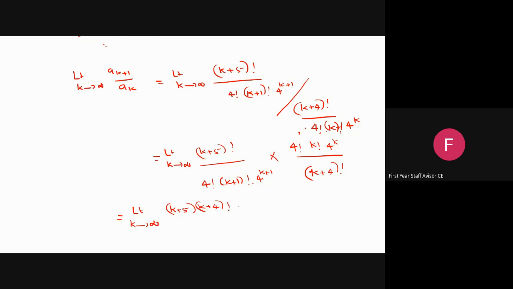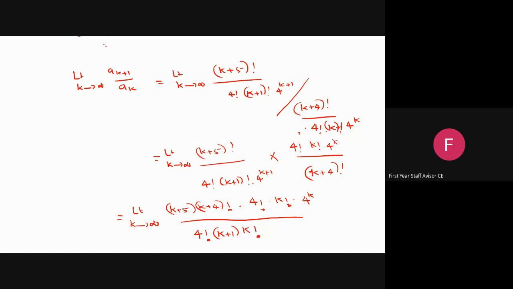Here 4 factorial, here (k plus 1) factorial, so k factorial into 4 raised to k, divided by 4 factorial into (k plus 1) factorial. Here also k factorial is there, so (k plus 1) factorial can be written as k plus 1 into k factorial.